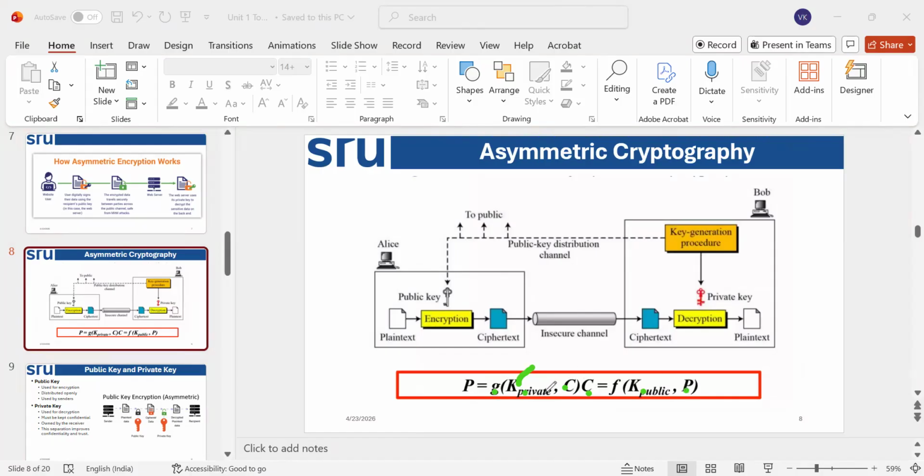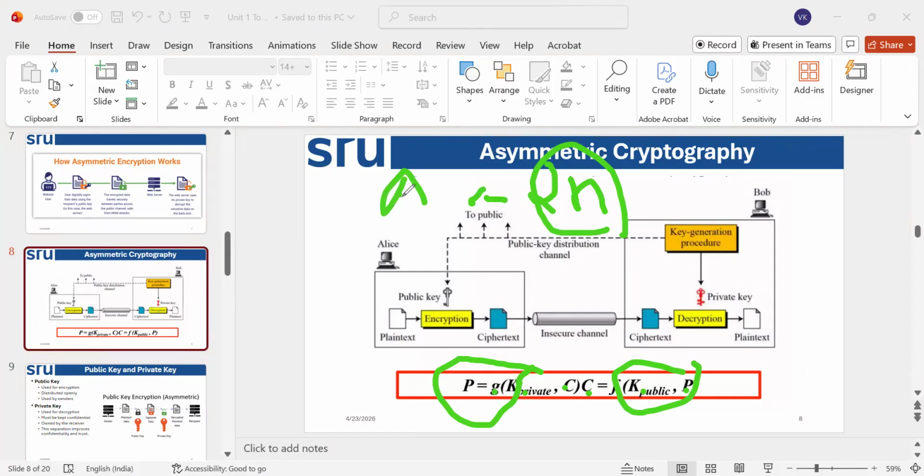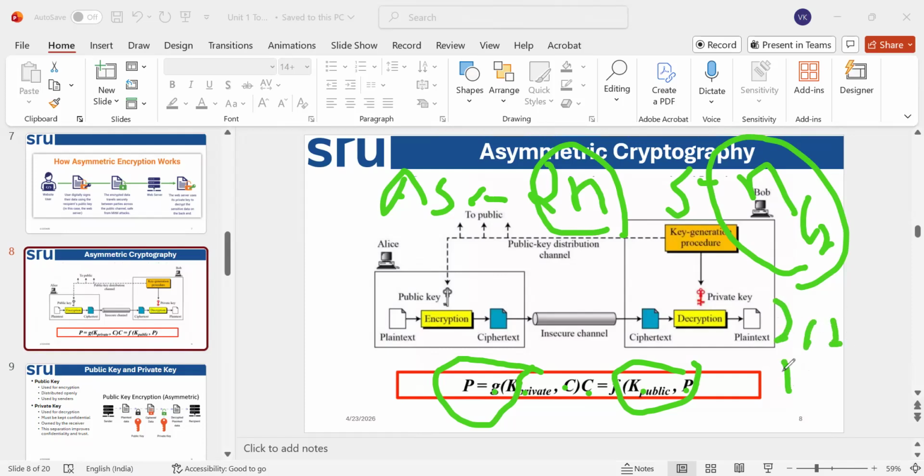So two keys are there, a private key and a public key. If two persons are there, there are needed two N keys, meaning four keys in the case of asymmetric. In the case of symmetric, N C 2 keys are needed. So for two persons, 2 C 2 means one key. But here, for two persons, two times two, four keys.